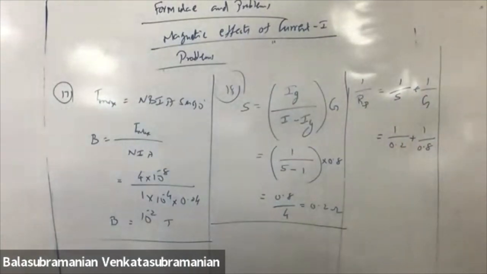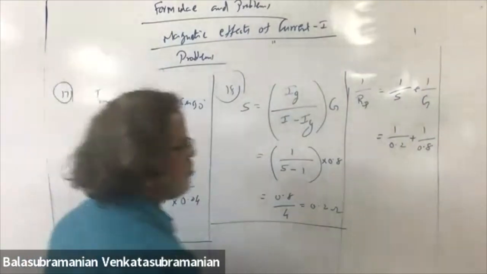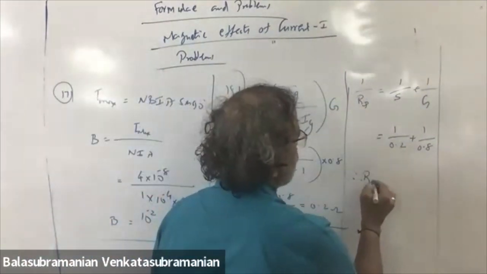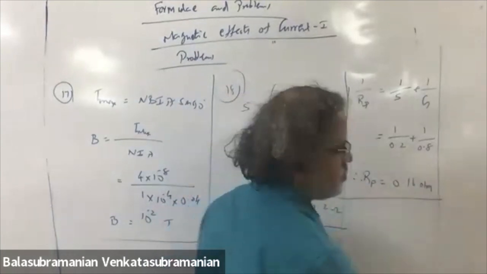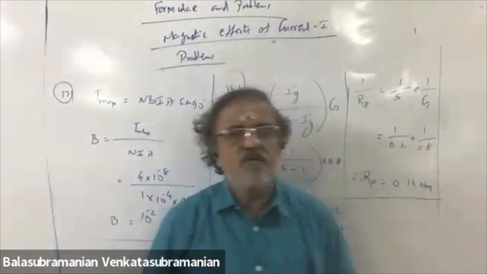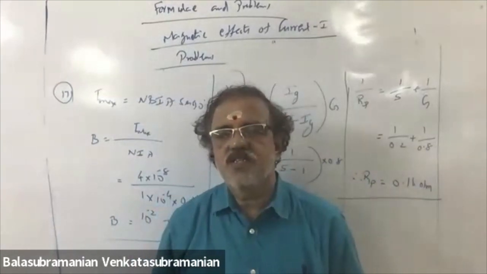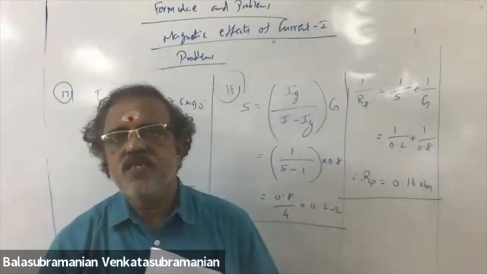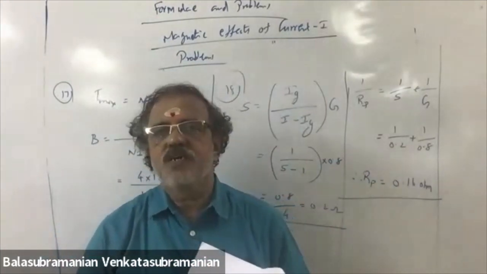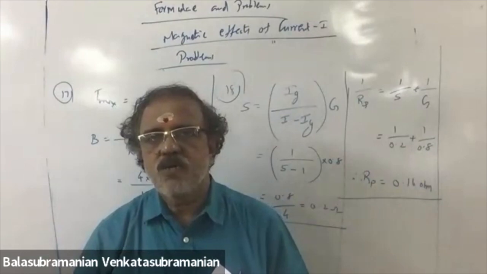Rearrange, calculate 1 by RP first, then the final answer is 0.160. Correct? So these are the basic formulae and problems in the chapter magnetic effects of current. Thank you. We'll continue.